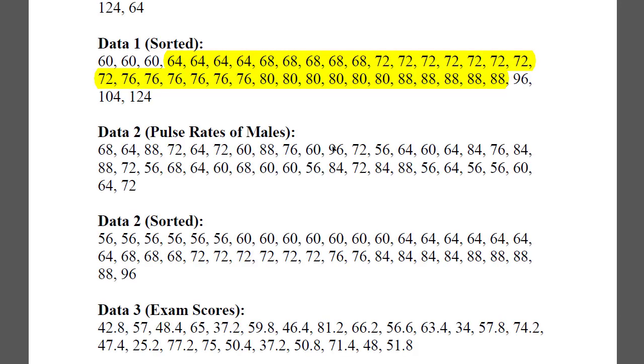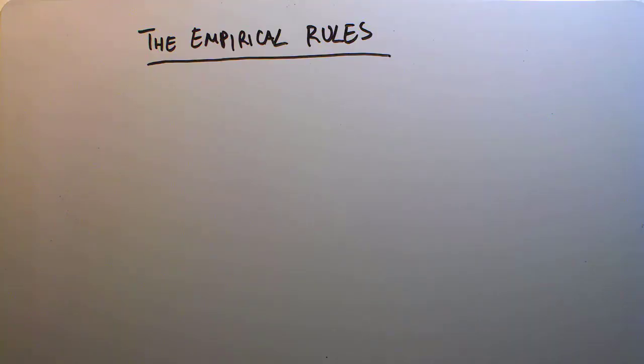Let's have another look at data 1, where the highlighted area shows the physical counts of values that fall between 63.8 and 88.8. Now let's get over to my writing board.